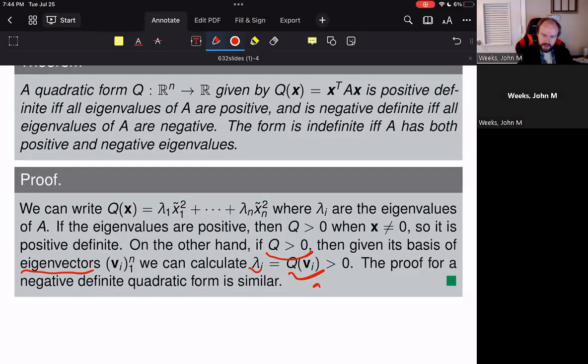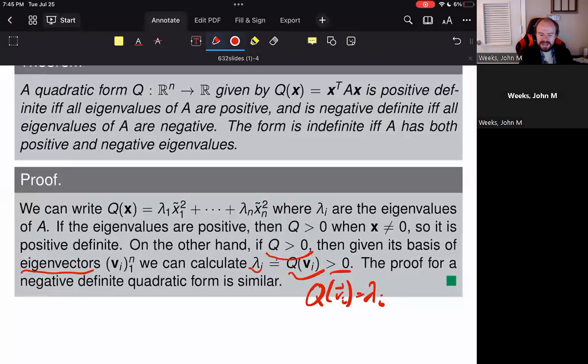So if I plug in v sub i, which is an element of Rn, I get out the value lambda sub i. And because q is positive definite, I'm going to get something that's greater than 0, right? So that's going to give me this.